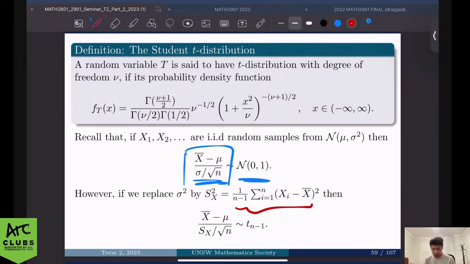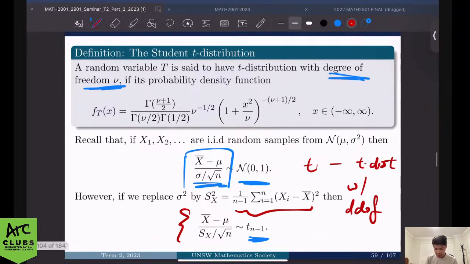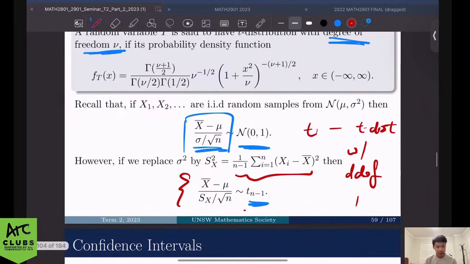If you replace it with that, you get something that looks like the normal distribution, but it isn't quite the normal distribution. It's equal to the t-distribution, and we call it with degrees of freedom n minus 1. Okay, so the t1 distribution is the t-distribution with degrees of freedom 1. In this case, we've got degrees of freedom n minus 1.